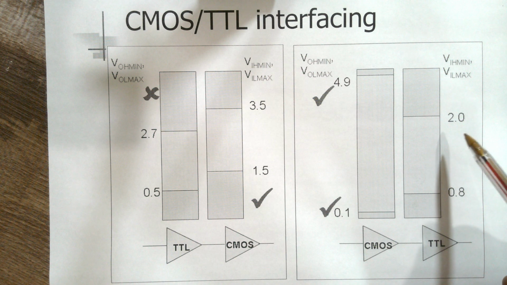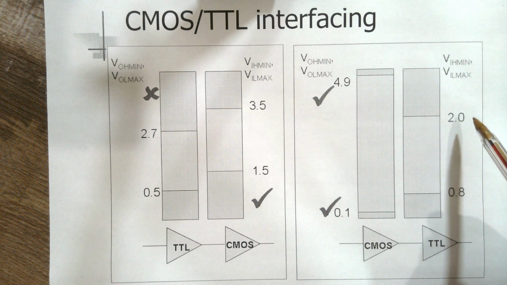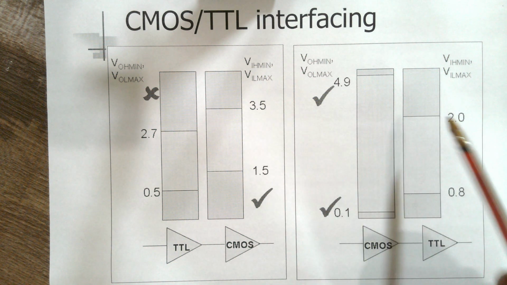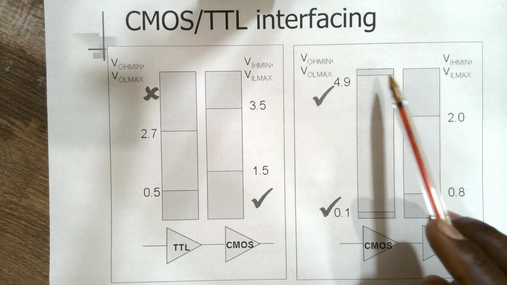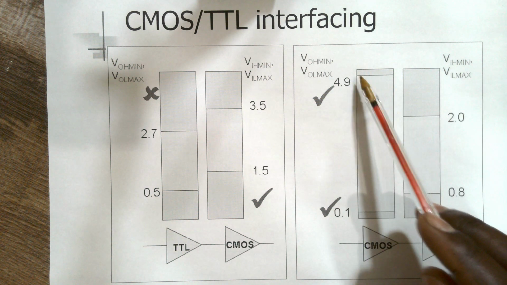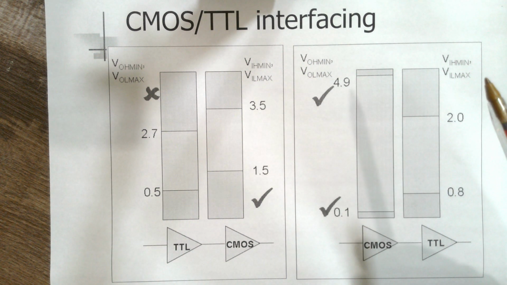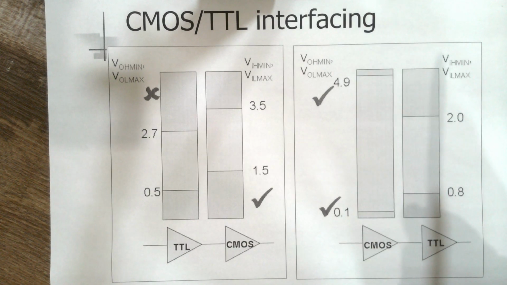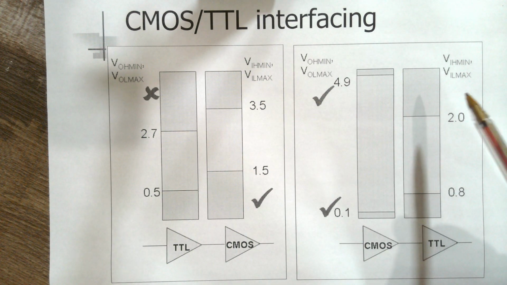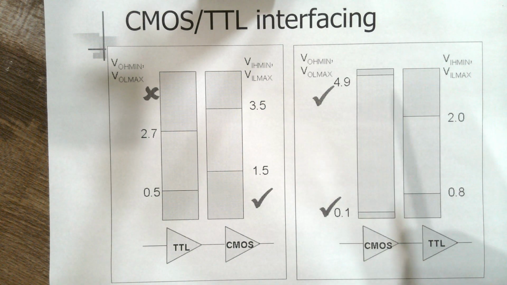On the TTL side, it will interpret anything between 2 volts and 5 volts on the input side as a logic 1. So easily all of the values that are going to be outputted as a logic 1 coming out of the CMOS technology would be interpreted by the TTL technology as a logic 1.